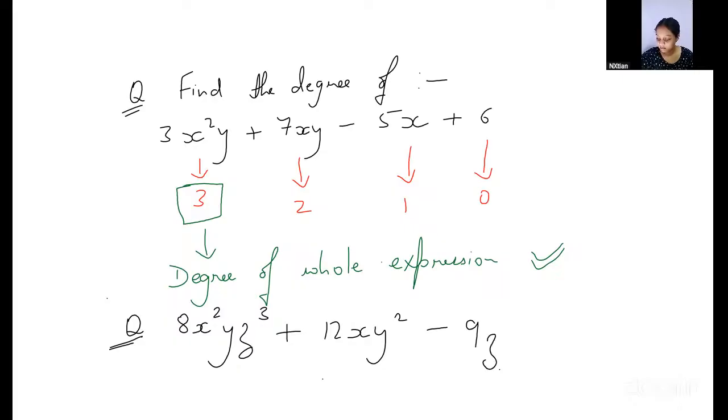Ma'am, is the degree 6? 3, 2, 3, 4, 5, 6. 6, Abraham, that's correct. Step 1 is writing out the degrees: 6, 3, 2, and 0.